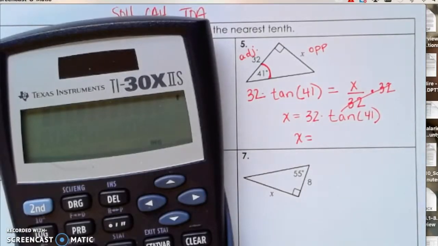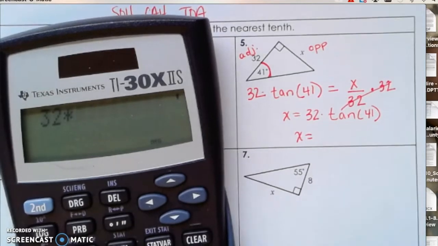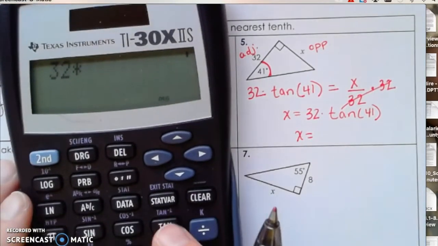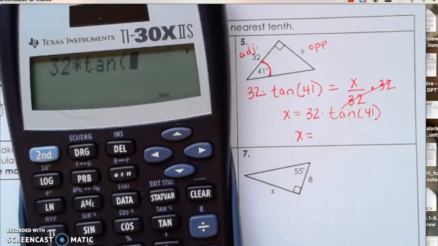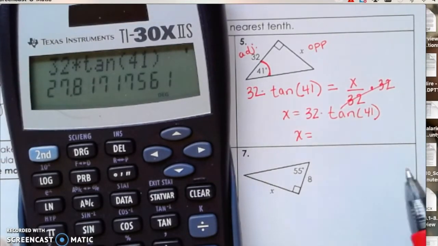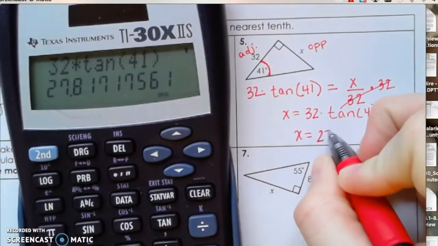I'm going to use the scientific calculator this time. So you're taking 32 times the tangent of 41. Make sure you're clicking on the tangent button. I'm going to hit enter. That gives me 27.8.